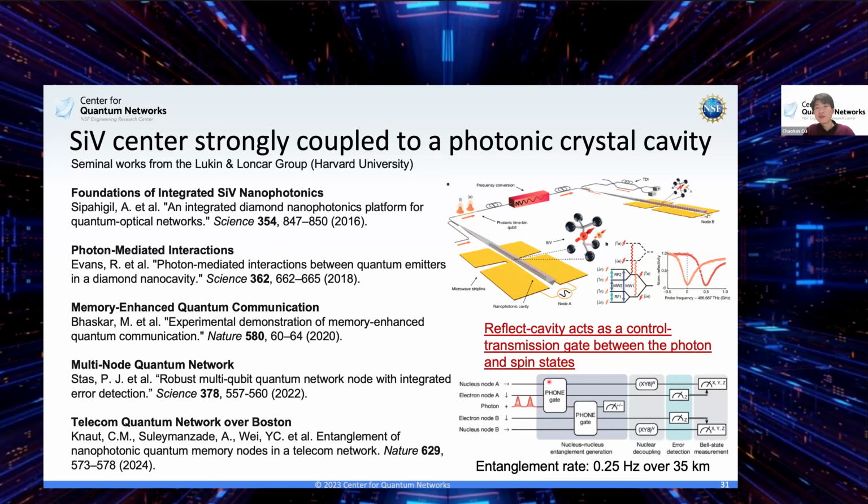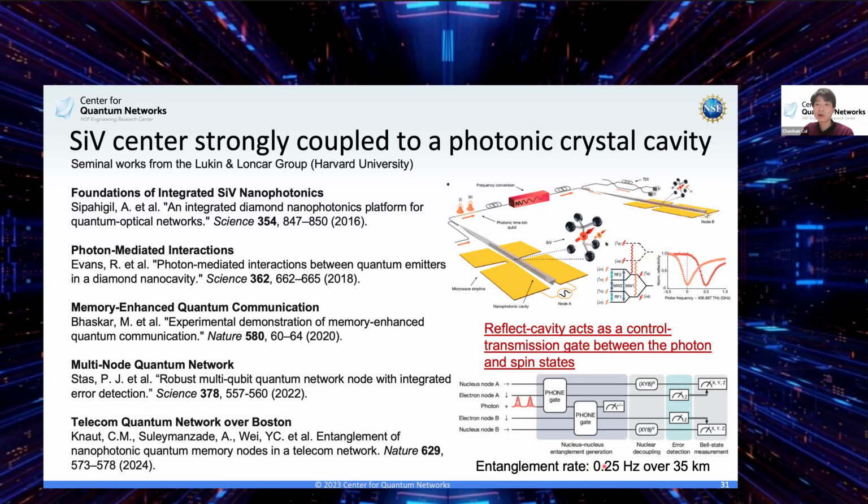And this is basically the gate they're showing here, so that they can translate the nuclear state and electron state to the photon state, and do a similar type of Bell state entanglement distribution and Bell state measurement. They achieve an entanglement rate much higher than using NV.